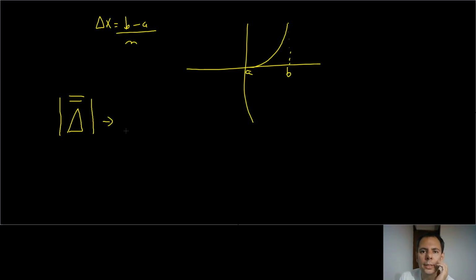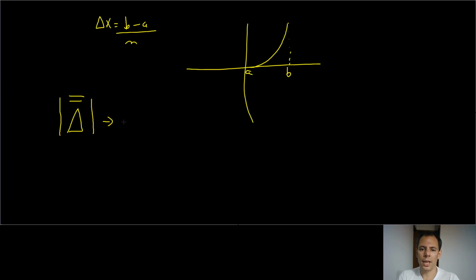It means that the width of the widest rectangle is reaching zero. Now, if the width of the widest rectangle is getting infinitely small and reaching zero, the widths of the other rectangles that are even smaller are going to reach zero even more.